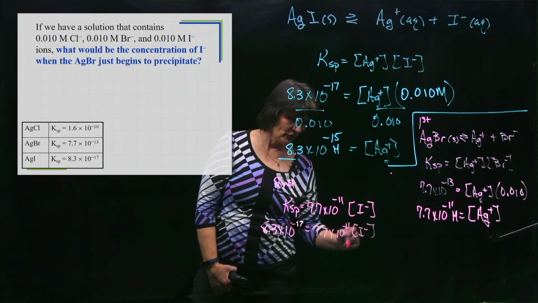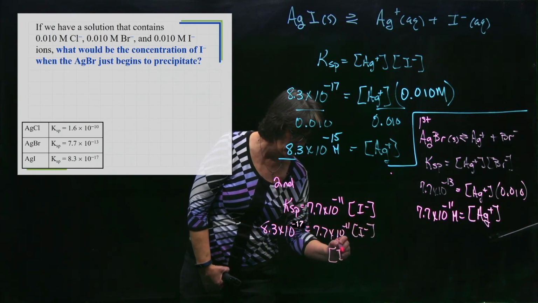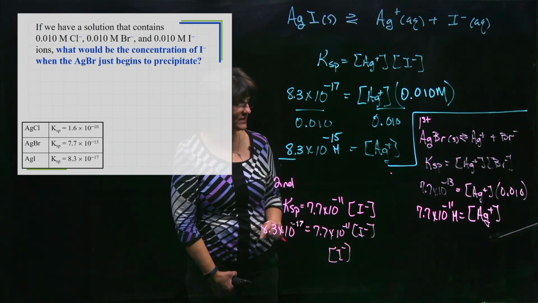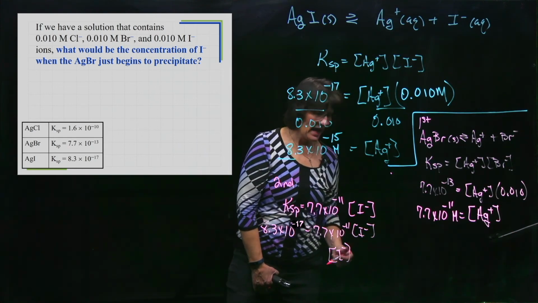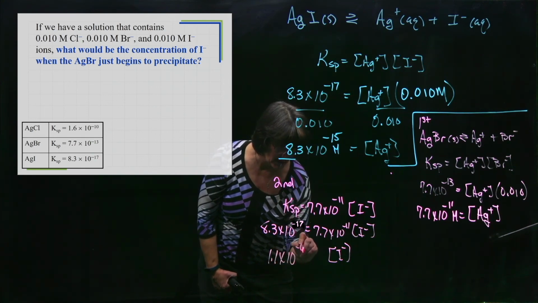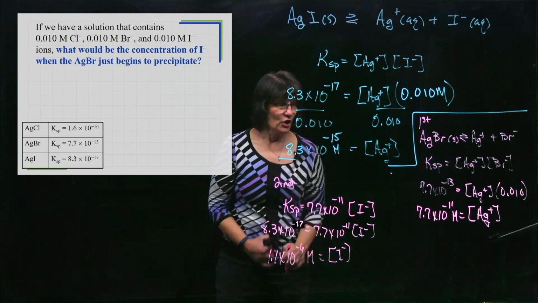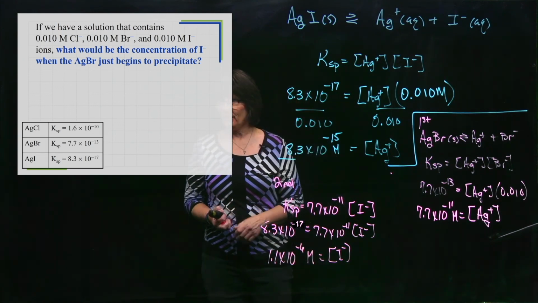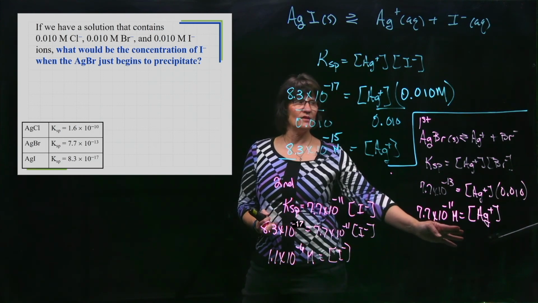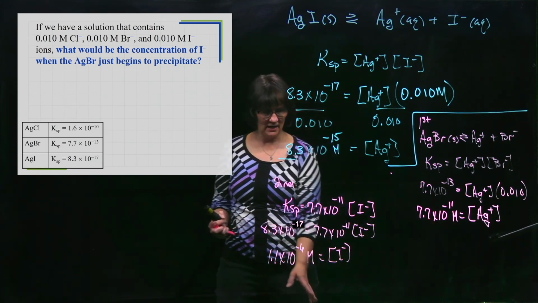And now solve for I minus. I minus will be 8.3 times 10 to the minus 15 divided by 7.7 times 10 to the minus 11. And that's going to be 1.1 times 10 to the minus 6. So this is how much iodide is still present when the silver bromide starts to precipitate.